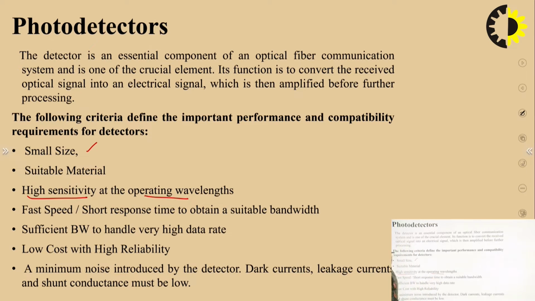That means if a small amount of input comes to the optical receiver, it should give an output. It should also have a fast response time, or short response time, to obtain a suitable bandwidth.